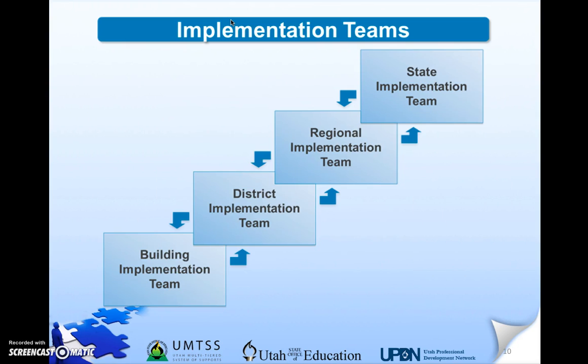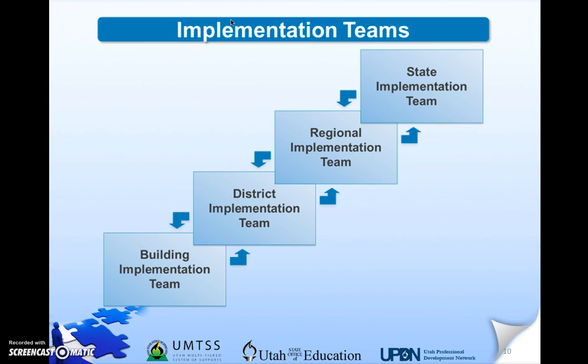So this is a graphic from the Active Implementation Hub that outlines the relationship of the implementation teams. This particular example has 4 different levels of implementation teams: a building level, district, regional, and state level. Now in Utah, we don't have as many regional implementation teams, but we certainly have building, district, and state level implementation teams.